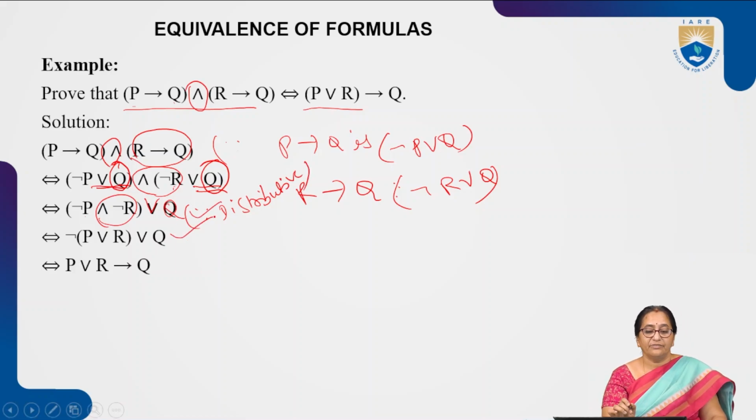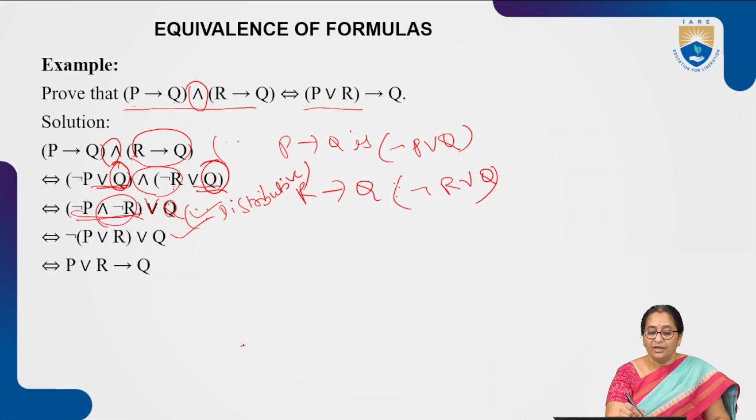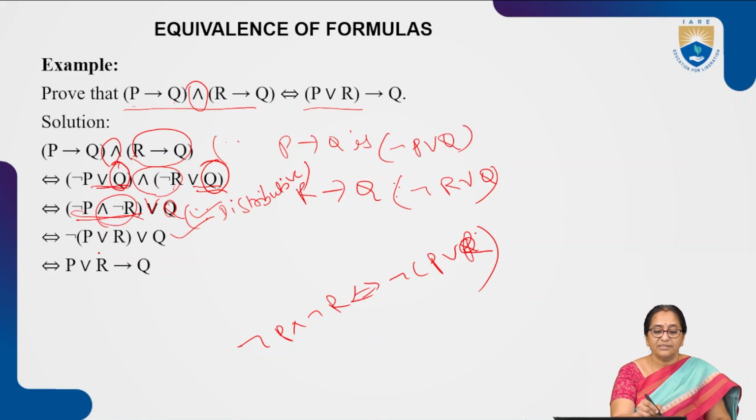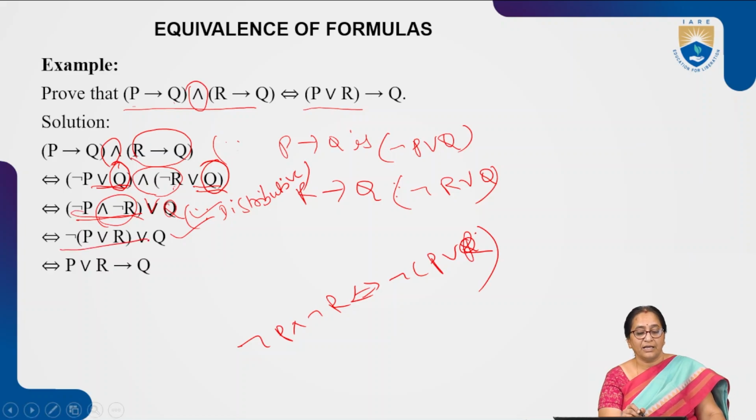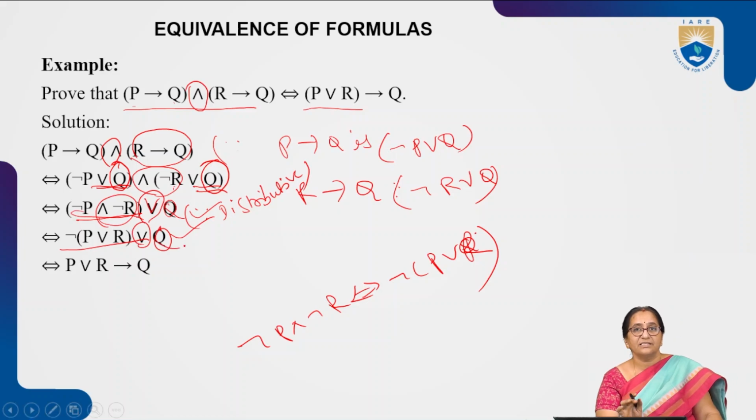This is the equation. Based on De Morgan's laws, we know ¬P ∧ ¬R is equivalent to ¬(P ∨ R). Similarly, this ∨ Q is the same, no change in this.